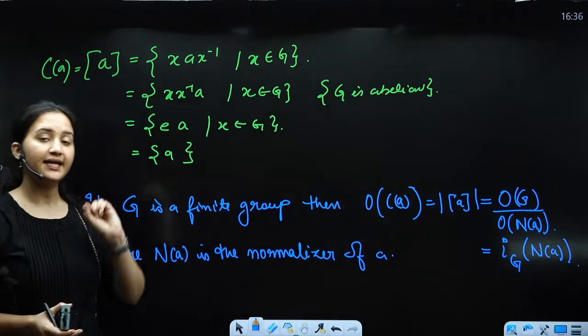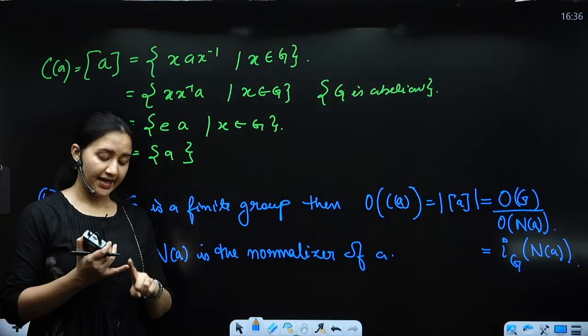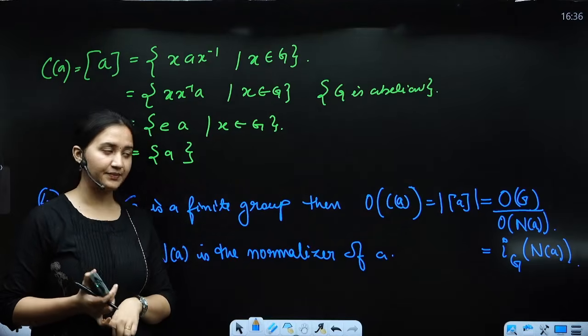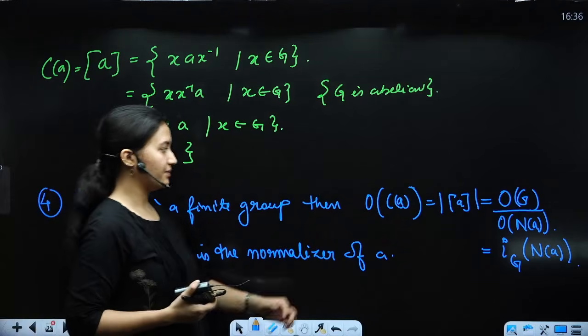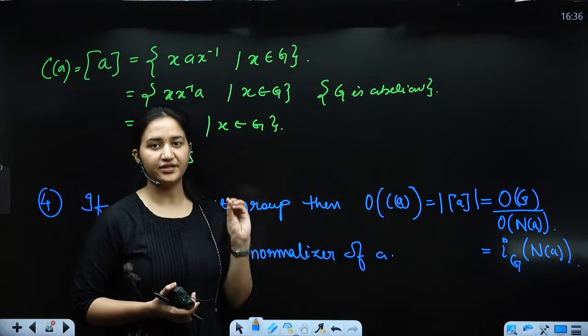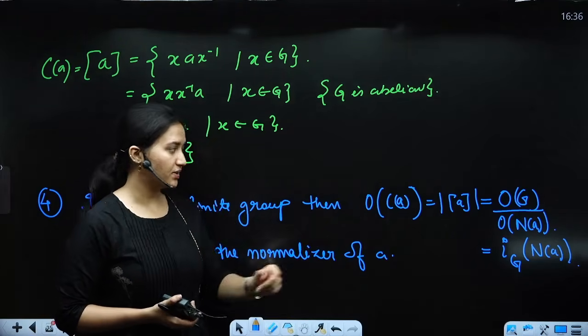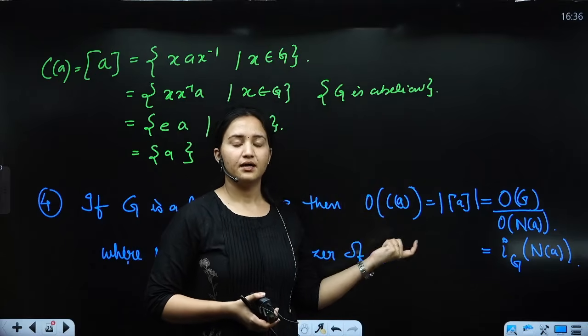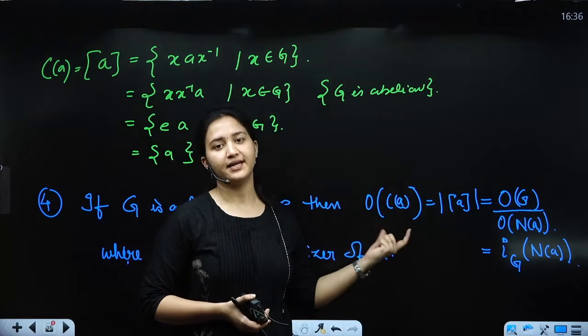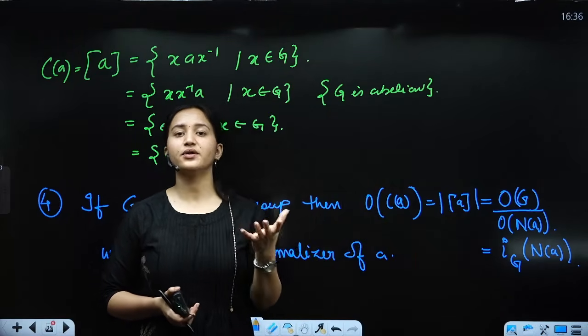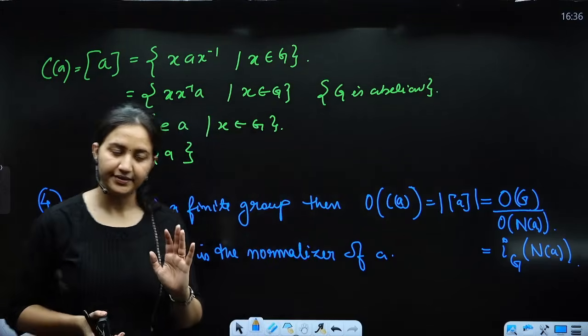Now we know that NA is a subgroup, right? NA is a normal subgroup. That means basically we are talking about the number of cosets generated by the normalizer of that element, which is equal to the number of conjugate elements in that class, or the order of the conjugacy class. Clear?